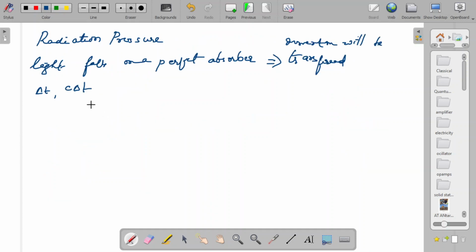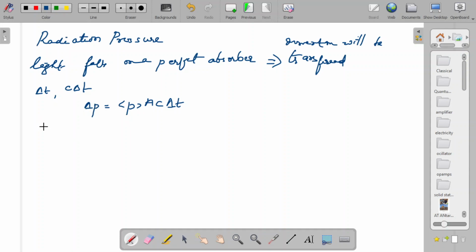So the momentum carried by the electromagnetic wave will be equal to the average momentum, falling on an area A over a time, P times area times c times delta T. Okay, so that is the momentum transferred in the time delta T, falling on an area A. So the total momentum transferred is this much.